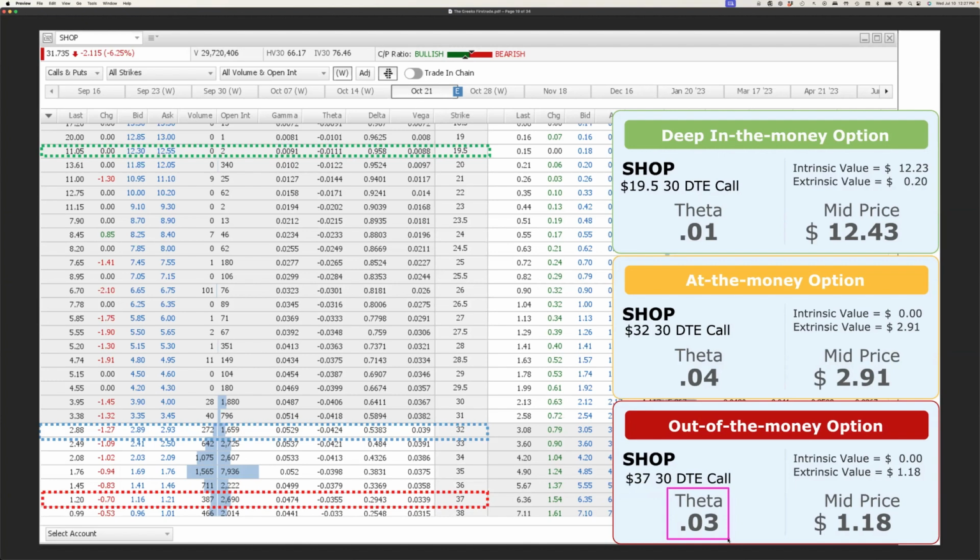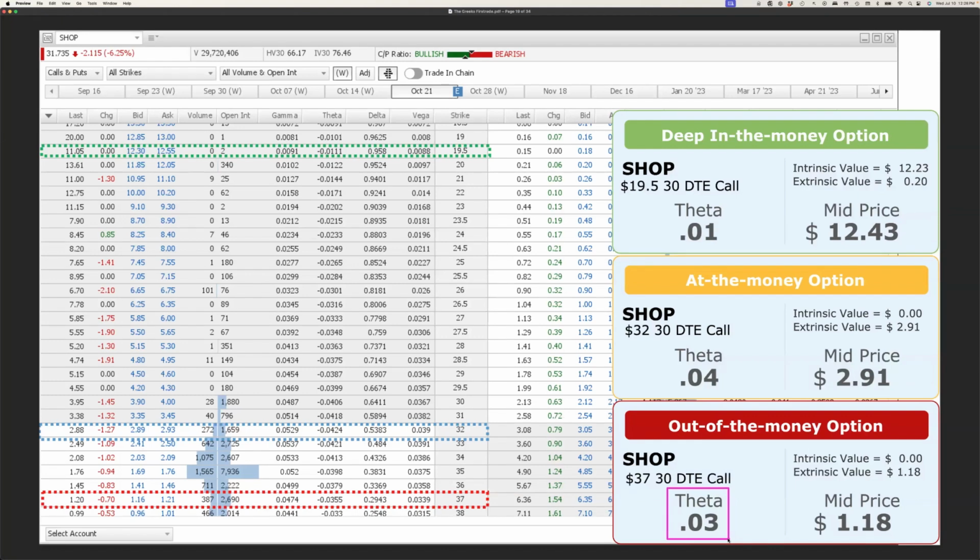So yes, you're only losing 3 cents a day versus 4 cents a day, but 3 cents a day is a larger percentage of the $1.18 that you paid for that call option than 4 cents out of the $2.94. So out of the money options are actually decaying faster as an overall percentage of the value of your option than an at the money option, which theoretically has the highest theta.